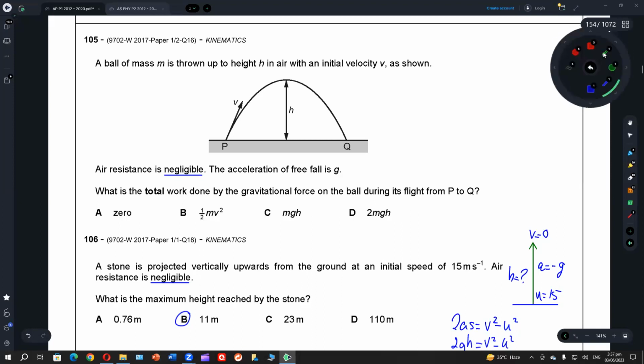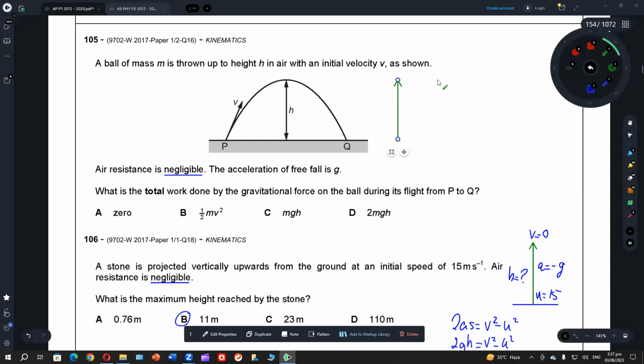Potential energy is related to height only.